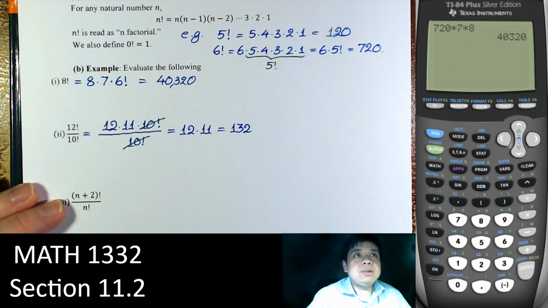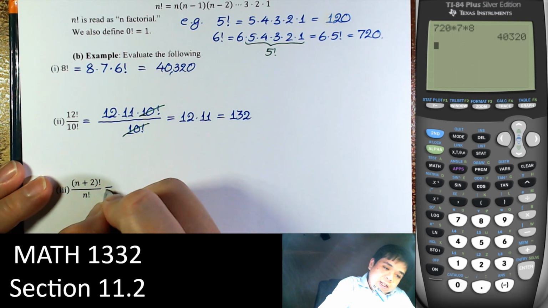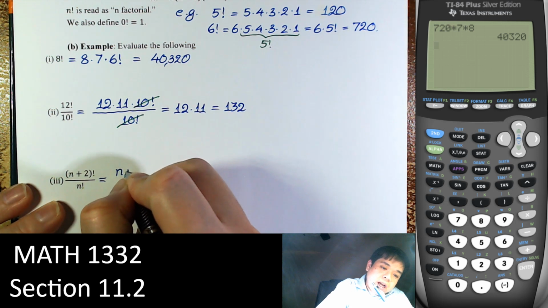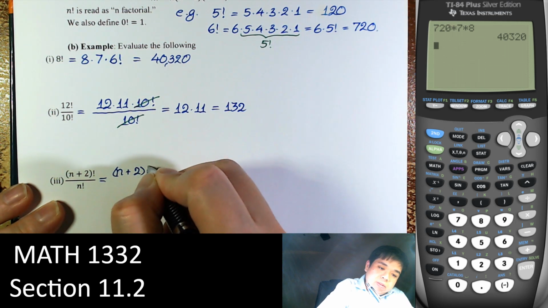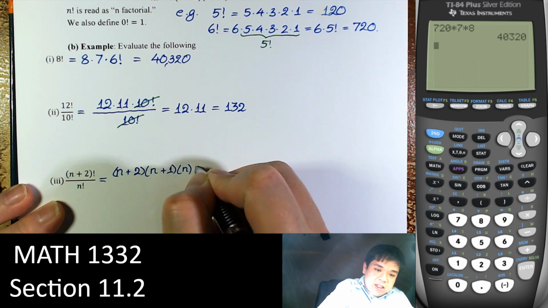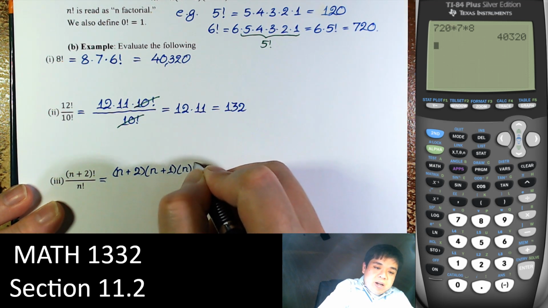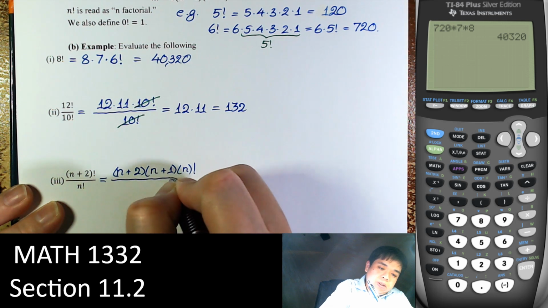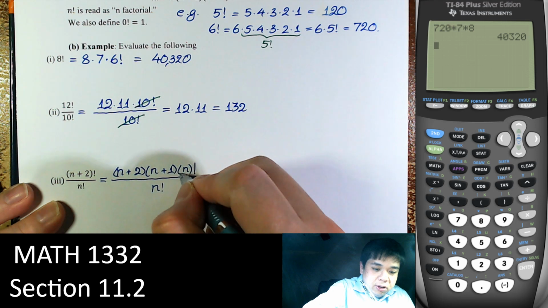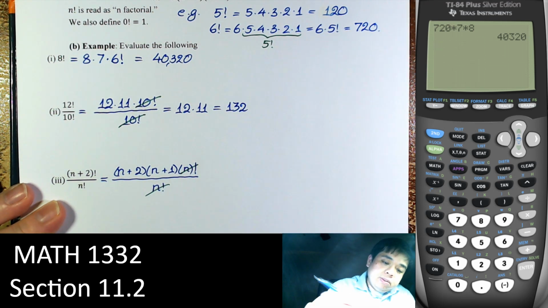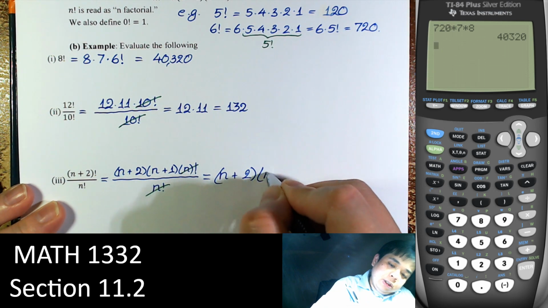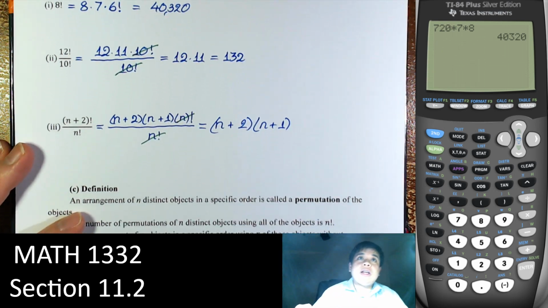Next, n plus 2 factorial over n factorial. If we start from n plus 2, we have to go one number less than it, one less than it, and so on. But I'm just going to stop at n factorial. And then here we have n factorial. Cancel those. So that's what we have.